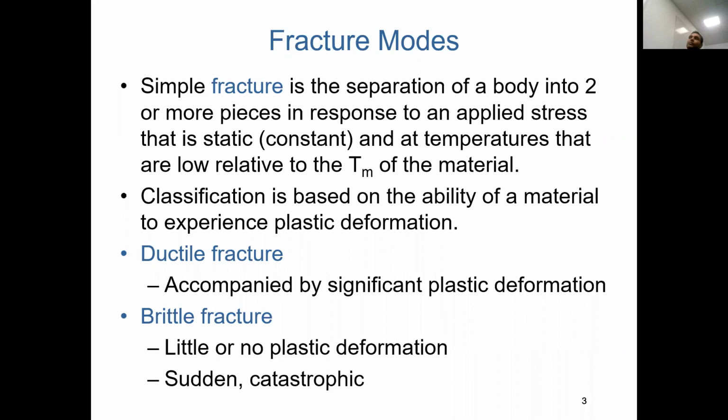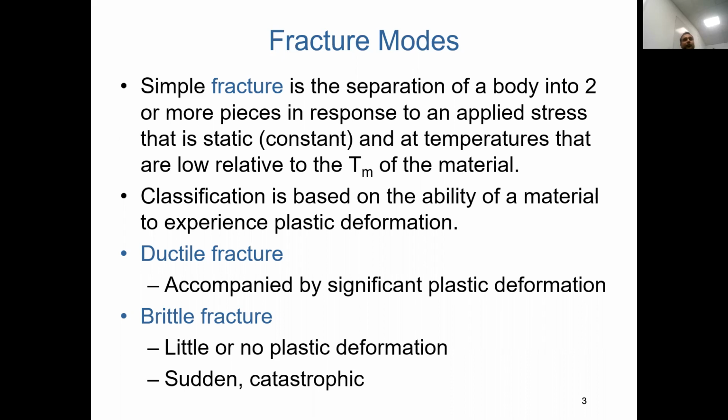Now, then we got two main classifications of fracture modes. The main ones are ductile failure and brittle failure. Ductile failure: if a material is ductile, when you apply the force, the material will stretch. It will deform and it will stretch further.